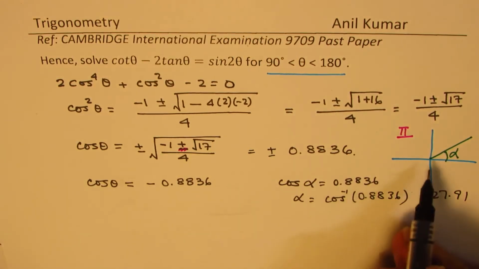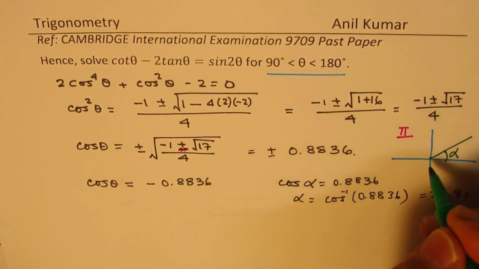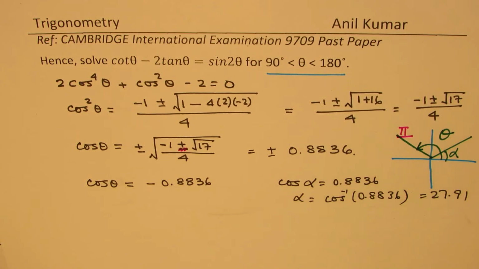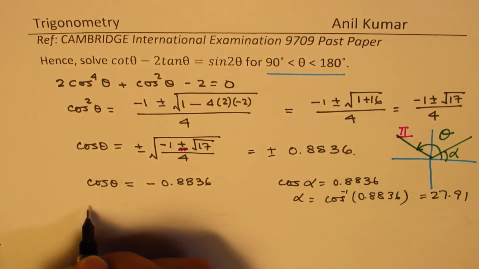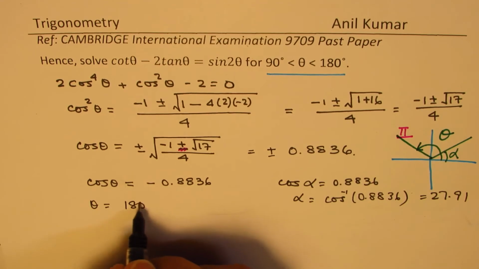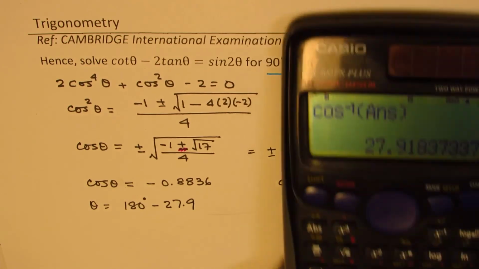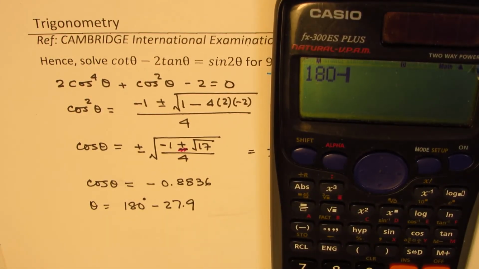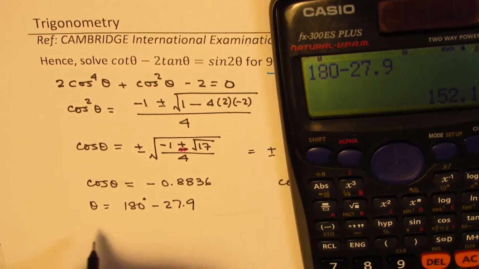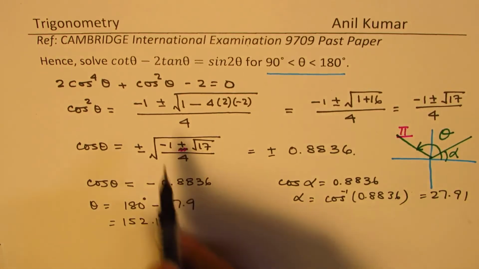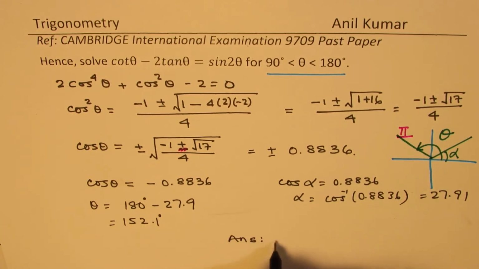Now, theta basically will be this angle, correct? Theta. So that means the theta should be equals to 180 degrees minus 27.9. So we'll do 180 minus 27.9. That gives us in decimals 152.1. So that is our answer, right? So we get the solution. There's only one solution to this, and which is 152.1 degrees.